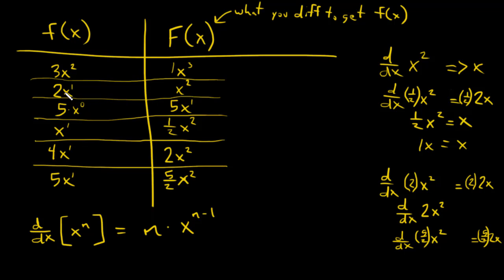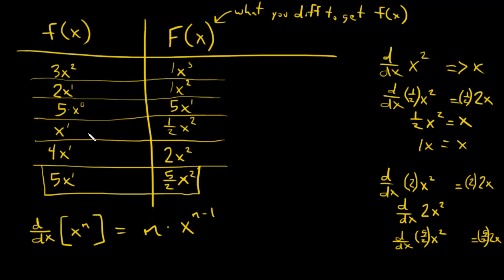Now what about if I go from here to here? Well, I went from 2x to the first to 1x to the second. Okay, I'm going to jump all the way down here. 4x to the first becomes 2x squared. 5x to the first becomes 5/2 x squared. This one right here is the biggest clue of what's going on to go backwards. The only way I get 5/2 from 5 is if I divide by 2. And notice, that's the exponent.